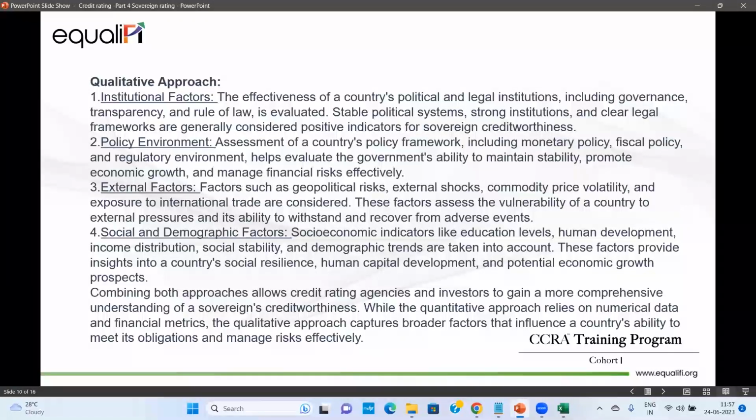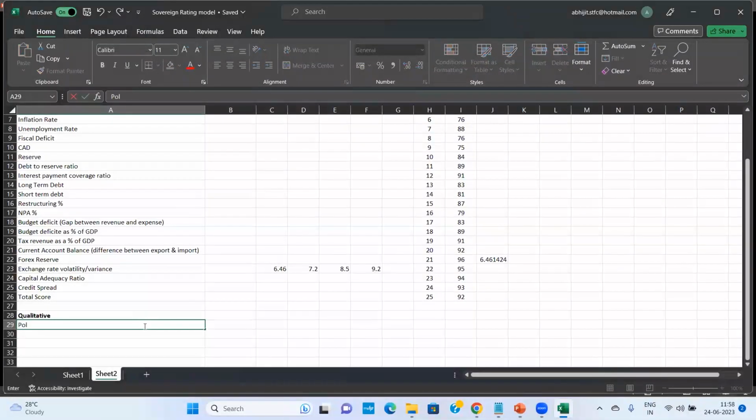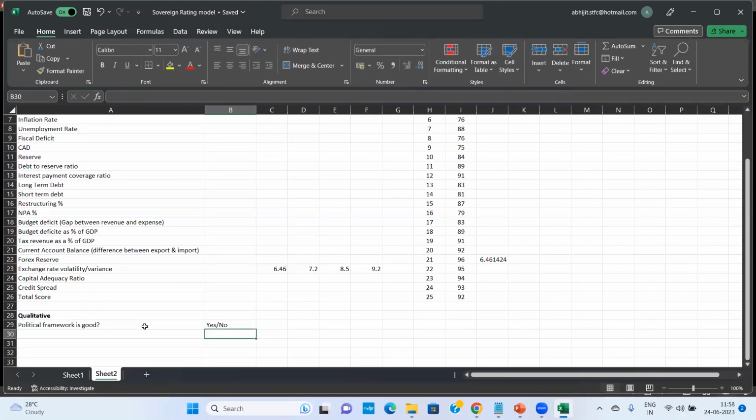Yes, no. Now what happens in qualitative scorecard, that can be a binary one. This is a major problem. So what happens if I ask political framework is good, you can either apply yes or no. Now this reply will vary from a person to person, because this is influenced by my way of judging, my biasness, my inclination towards certain thoughts, certain factors, right?